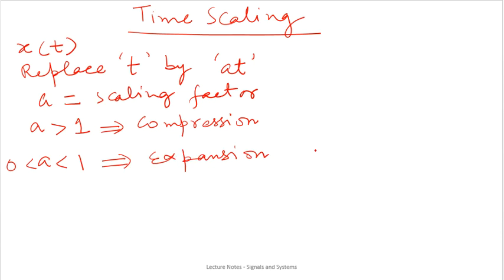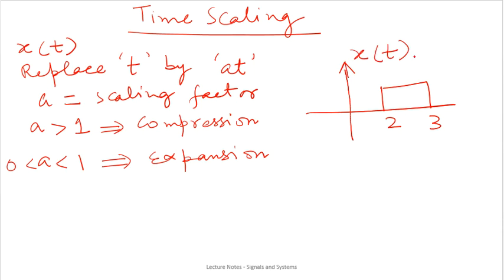Now I will explain what is the meaning of this expansion and compression. Again, you take the same example. Let us suppose that there is a signal from 2 to 3. This is x(t), this is t.